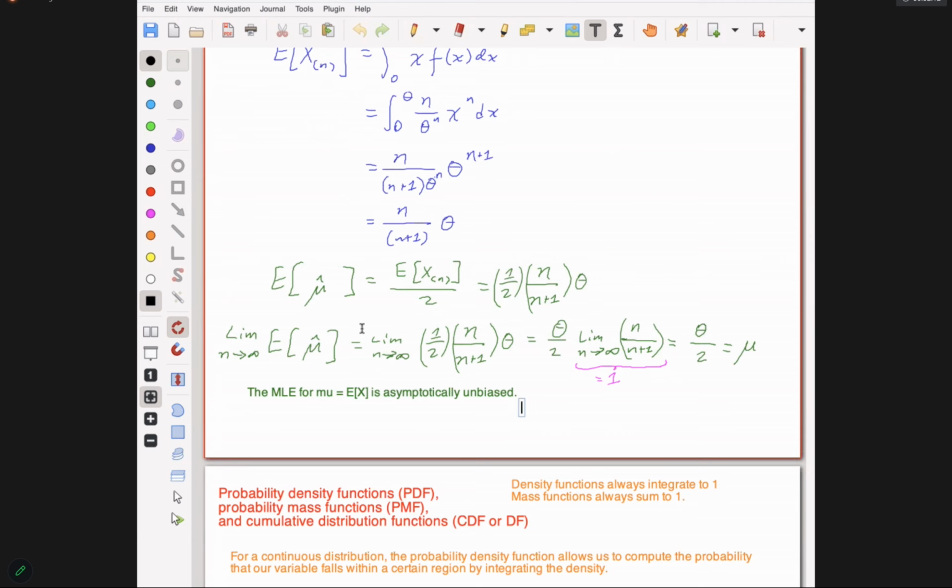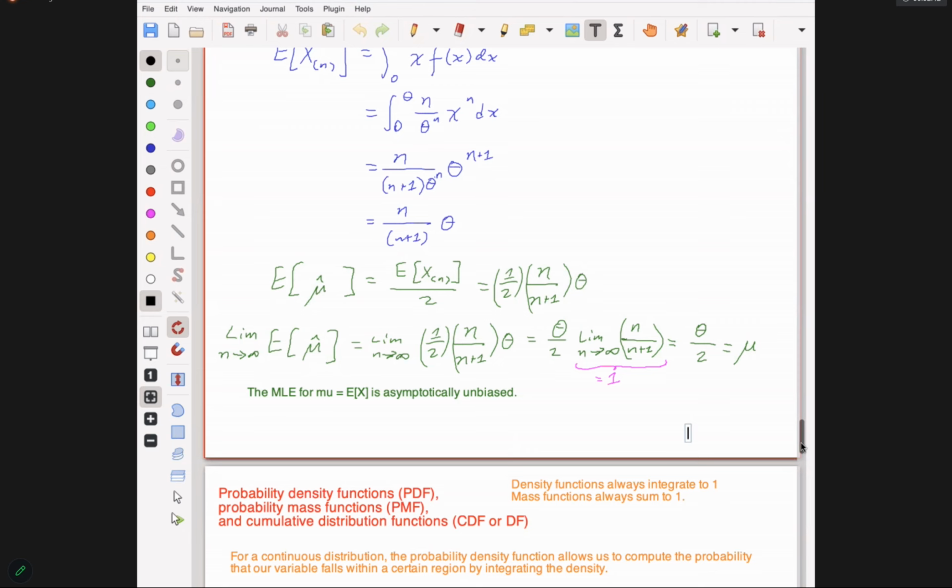And so the limit as n approaches infinity of this expectation is going to be theta over 2, because n over n plus 1 approaches 1 as n approaches infinity, and theta over 2 is the expectation of x, so that is satisfied. Do you have any questions about this? No.